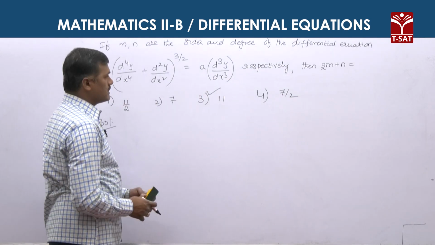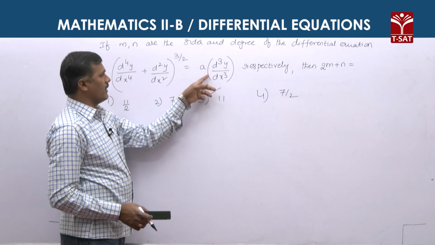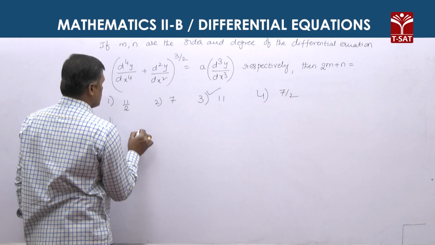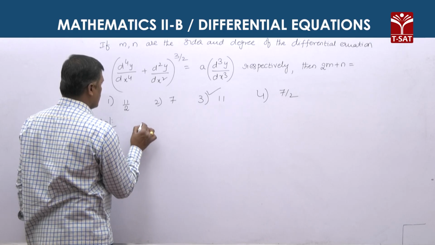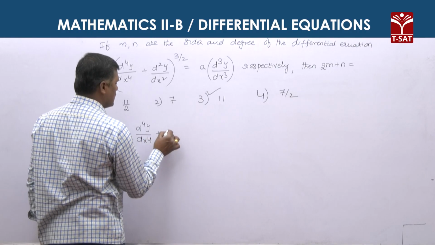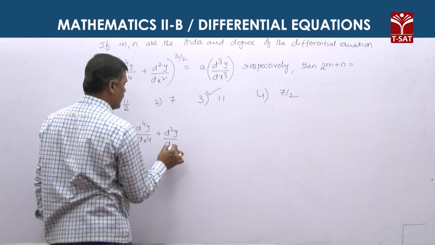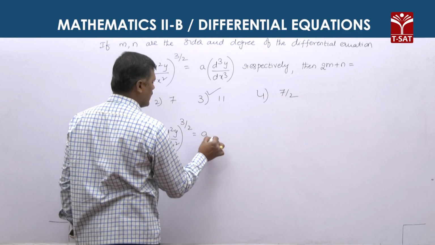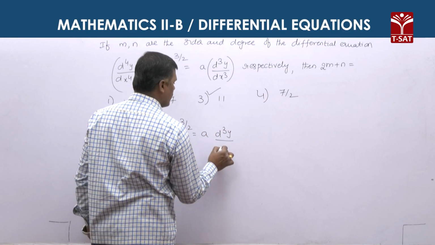Solution. Previously I told you one question with the same fractions. So to remove these fractions: d power 4 y by dx power 4 plus d square y by dx square whole power 3 by 2 is equal to a into d cube y by dx cube.